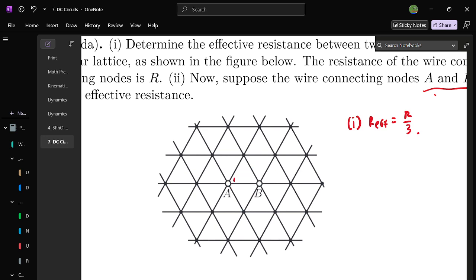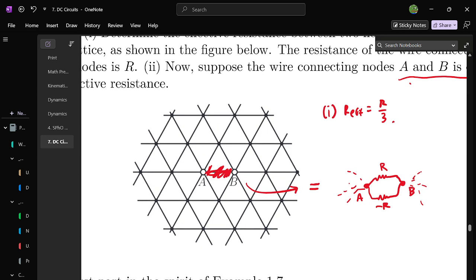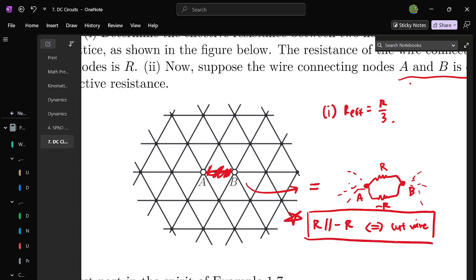So I argue that this is equal to A connected to resistor R and negative R to B with everything else following. The key idea is that a resistor R and negative R in parallel is equivalent to a cut wire, or just an open circuit.